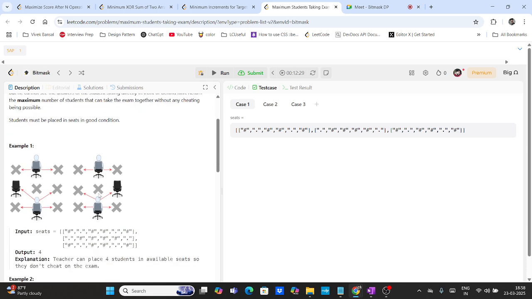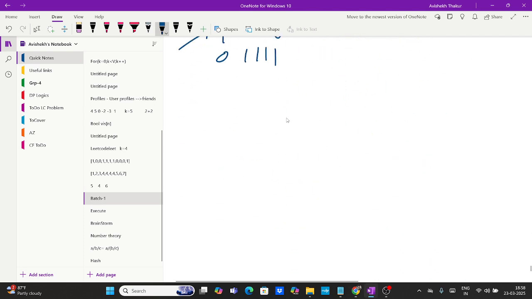So what we do is generally, if we are standing at one row, we will maintain the mask of the previous row. If zero means that seat is empty, one means someone has taken that seat. Okay, so let me help you.